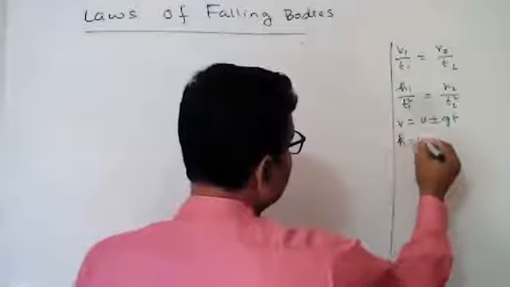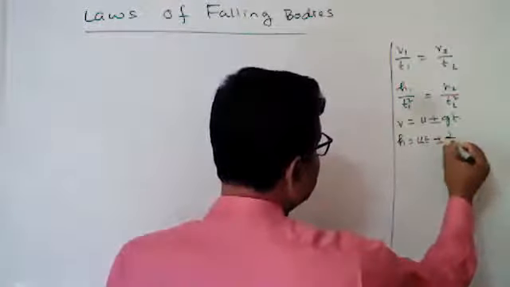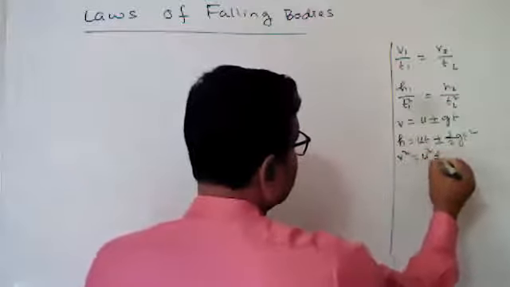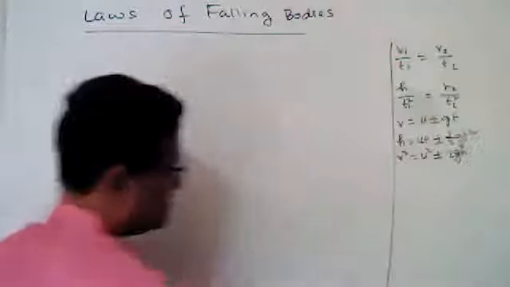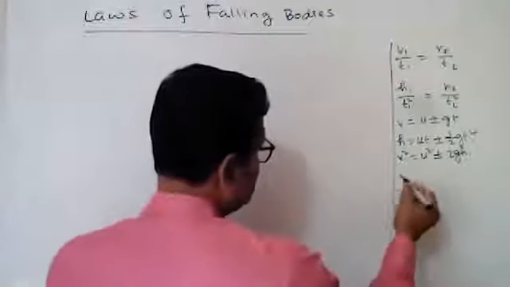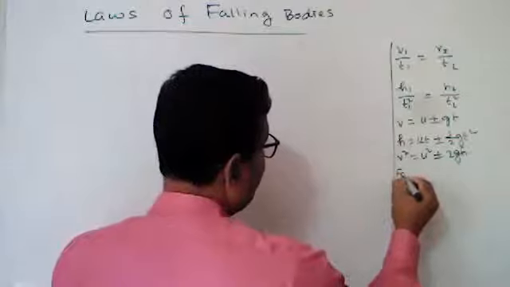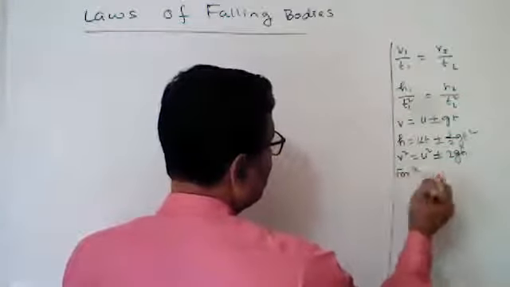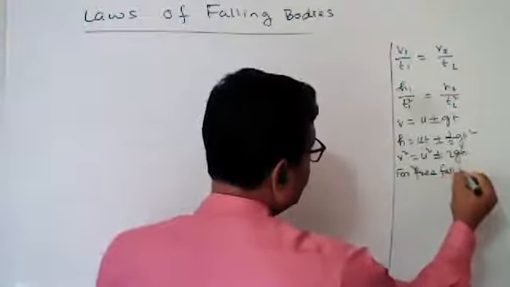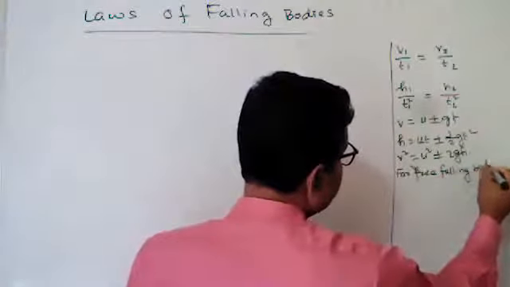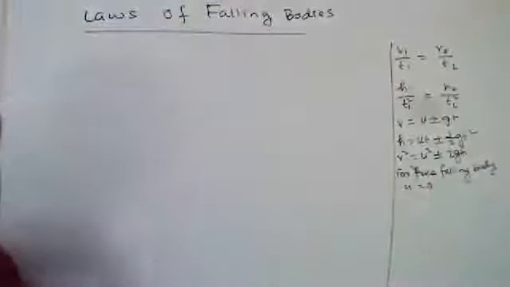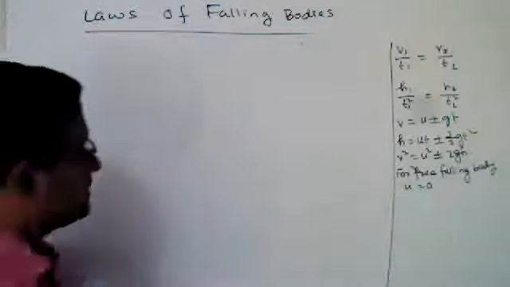H equals UT plus or minus half GT square, V square equals U square plus or minus 2GH. And you can remember that for a free falling body, U equals 0.